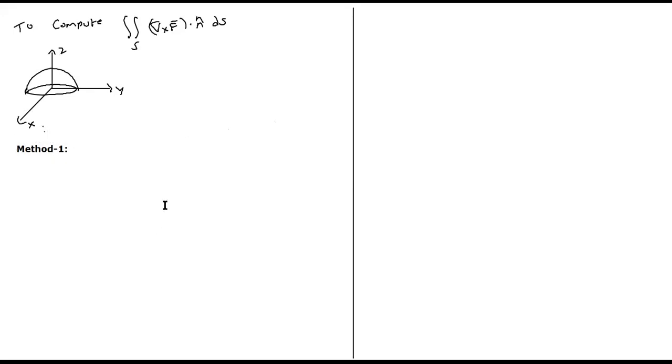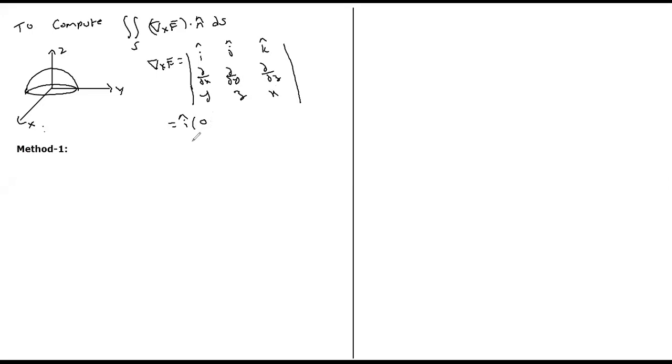First of all, we need to compute curl f bar, right? What is curl f bar? The determinant with i, j, k; dou by dou x, dou by dou y, dou by dou z. What is the first component of f bar? y. Second component is z. Third component is x. So I times dou by dou y of x, which is 0, minus dou by dou z of x, which is 0... Am I right?